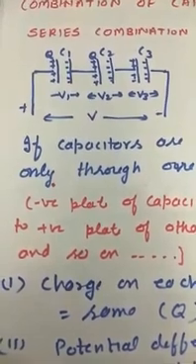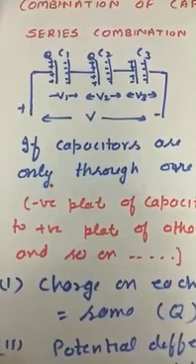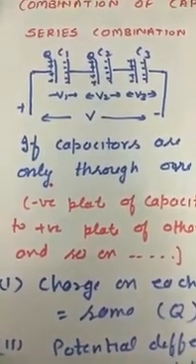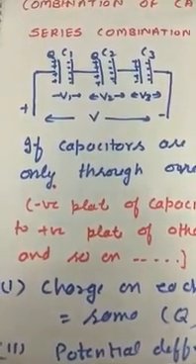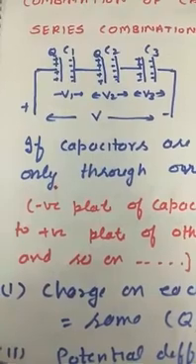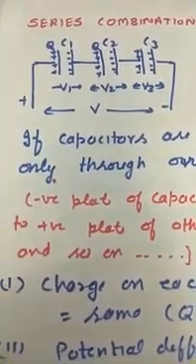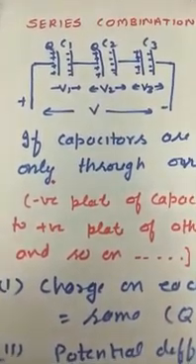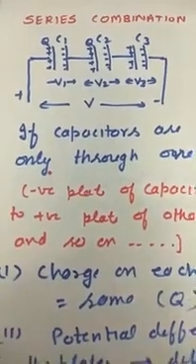And now due to induction the C2 capacitor will have negative Q charge on the other plate, and the positive charge of that plate will go to the C3 capacitor, and so on. It means in series combination the charges are the same on each capacitor, and the total charge is Q, which we have given, and the charge on each is also Q.